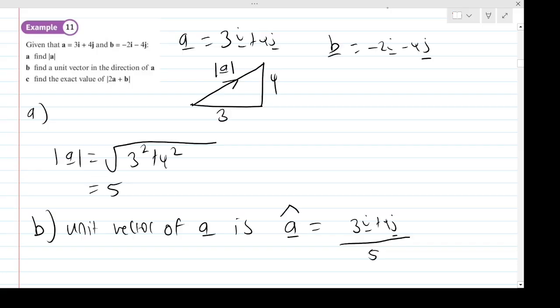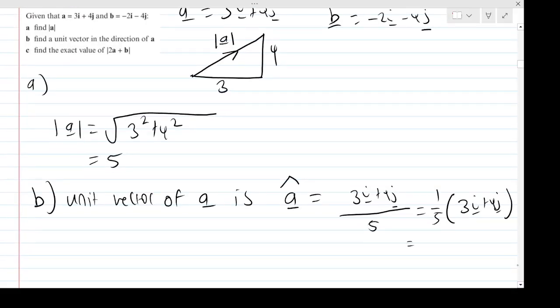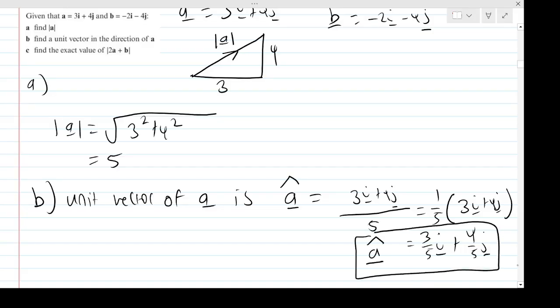So you can think of it as a fifth of the vector, a fifth of 3i add 4j. Essentially we're dividing everything by 5. So 3/5 i add 4/5 j. And that is my unit vector, A hat. So that's in essence how you find a unit vector. You find the length of the normal vector and then divide by the length. Cool.